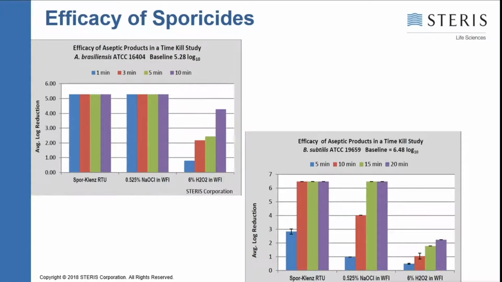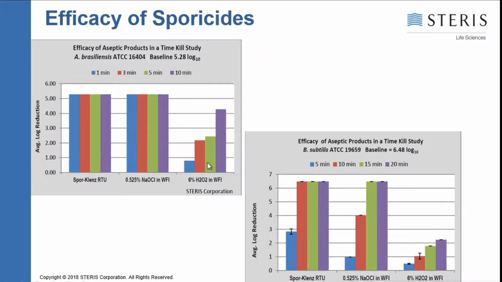This slide shows how critical it is to actually test against your bacterial and fungal spores to see how effective your sporicide is. Because one of the things you find out here, when we test the hydrogen peroxide peracetic acid chemistry and bleach at 5,250 ppm sodium hypochlorite of available chlorine against Aspergillus brasiliensis and Bacillus subtilis, you'll see that they're both very effective.